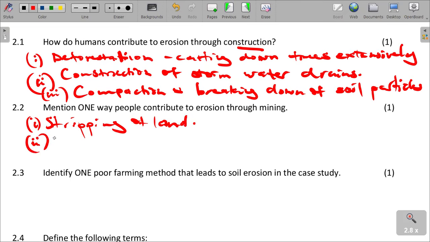We talk about excavation of rocks, and then we can also talk about spillages and mine dumps, dumping of waste.